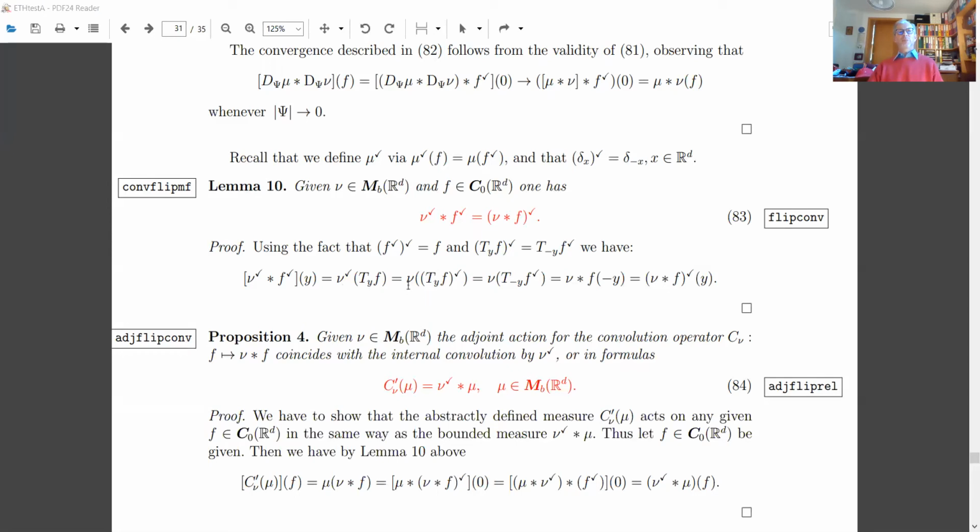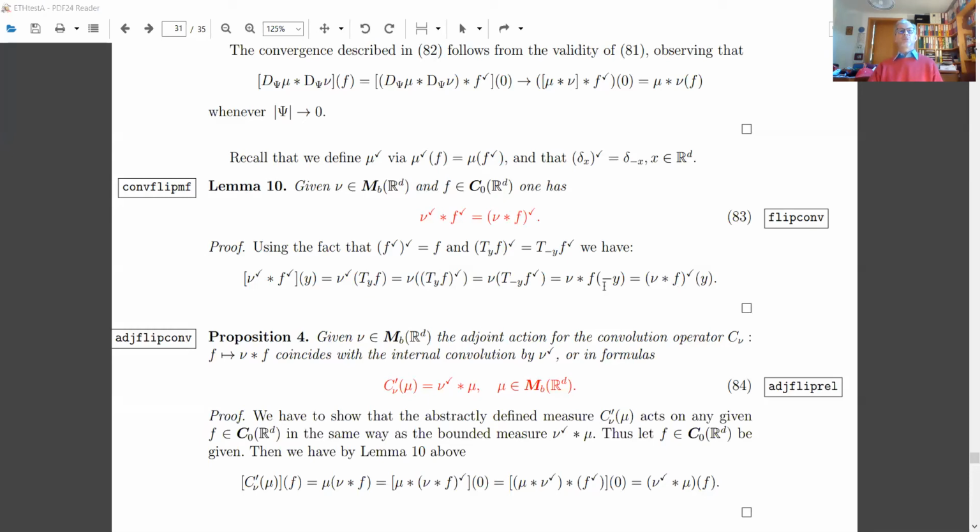It's just the measure applied to the flipped input function. Now we use the translation rule. It's T minus y of f flipped. And so you see, oh yes, it's nice. It's of the form a functional applied to a shifted version of f flipped. So it's a convolution of ν with f, but the argument is not T_y, but T minus y. So it's ν star f at minus y. But ν star f is a function, and the flipped function at the point y is exactly what we have here. It's a minus y.